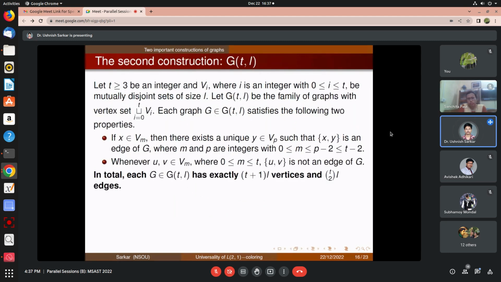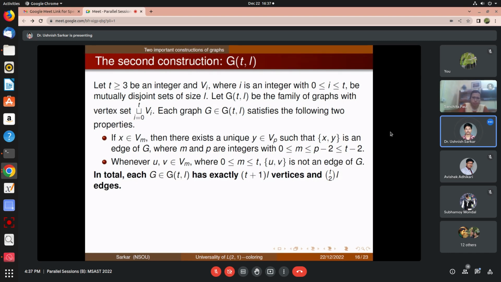Another important construction, here I am constructing a family G(t,l). Again, t starts from 3, it's an integer, and we are taking t plus 1 mutually disjoint sets, each of size l. That's why it is G(t,l).